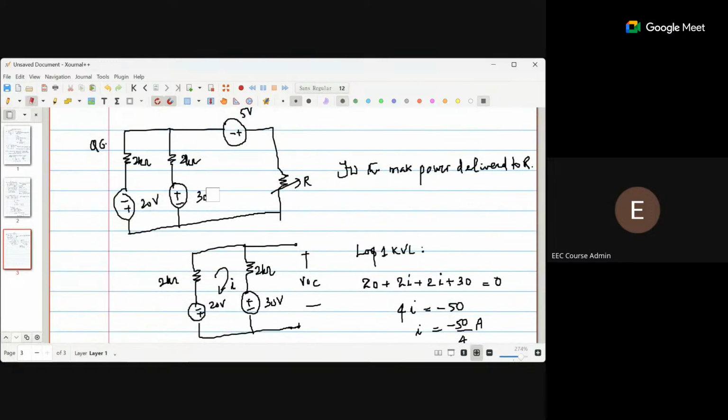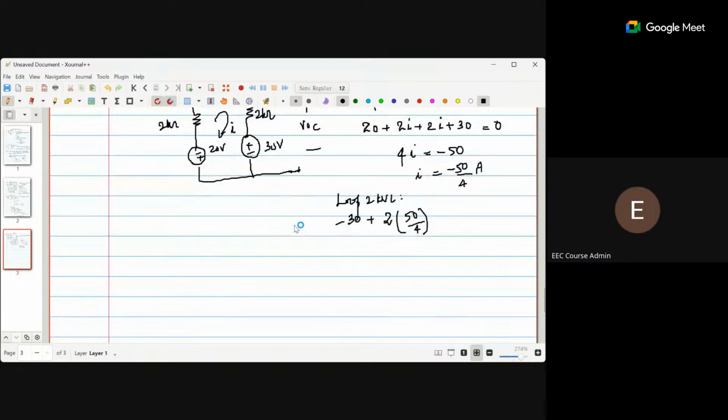So minus 30, what is this, 100 by 4, minus 5, plus VOC is 0. So VOC will be 10.